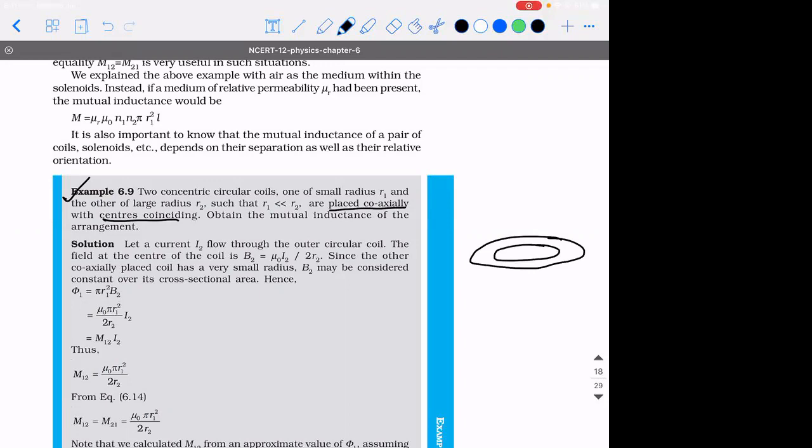So what were the steps that we followed, guys? This is an important derivation, an important problem.